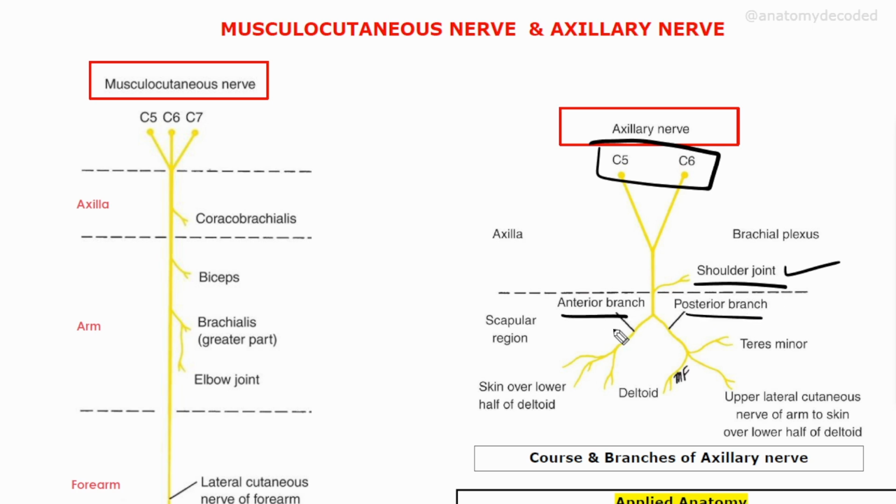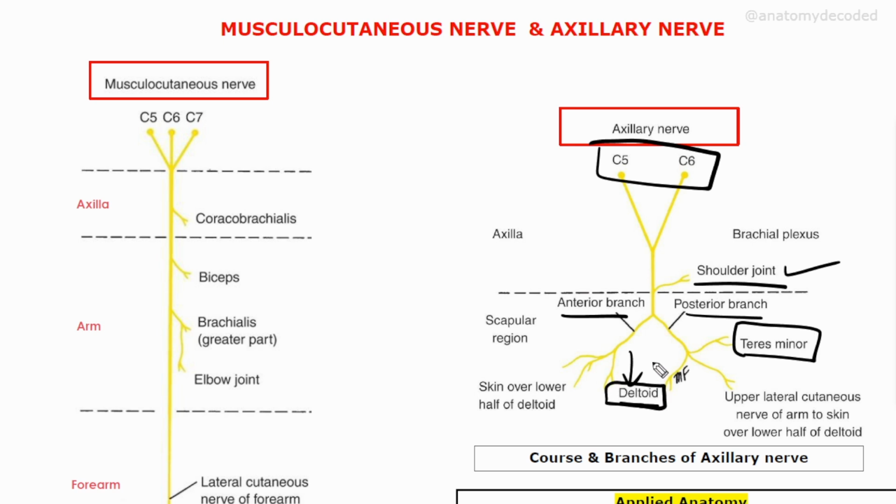The anterior branch supplies the deltoid muscle, a large muscle surrounding the shoulder. It is supplied by the anterior branch of the axillary nerve, and the posterior branch gives a branch to the teres minor muscle. The deltoid muscle is frequently asked in exams. In practical exams, you need to identify it.